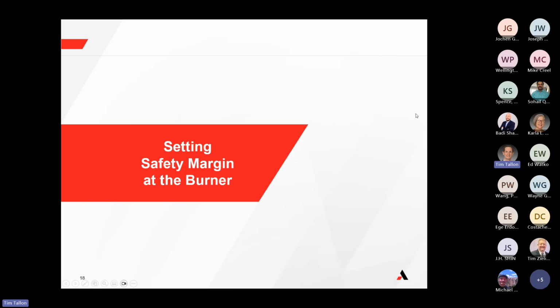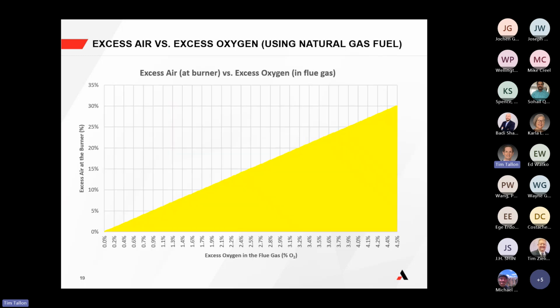Now, when it comes to setting the safety margin at the burner, this is very important from an oxygen standpoint. So if we know that we're going to have, say, 3% excess oxygen in the flue gas, we should estimate that we have about 20% excess air at the burner.